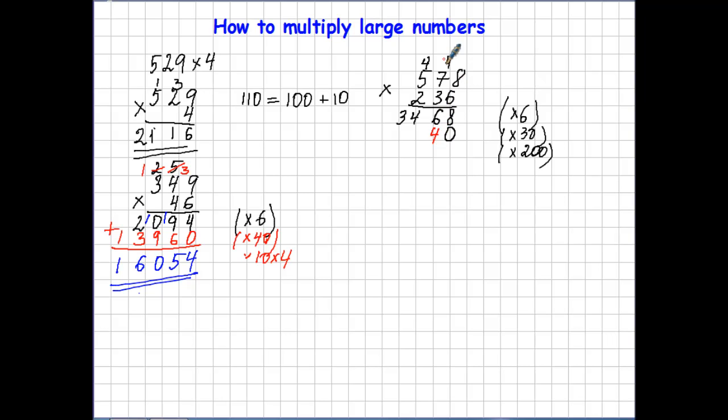I'm writing 4 here and 2 to the next digit. 7 times 3 is 21 plus 2 is 23. I write 3 here and I take 2 to the next digit. 5 times 3 is 15 plus 2 is 17. We finished multiplying by 30. Now we need to multiply by 200.